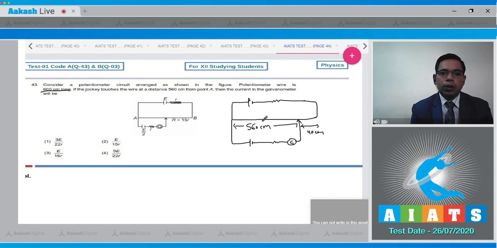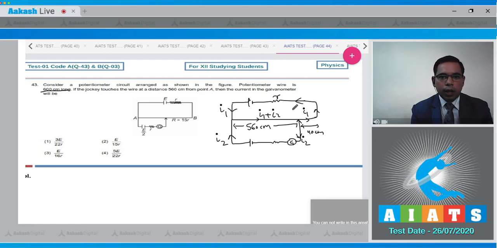Now let this flow some current I2 and this is driving some current I1. Then in this branch the total current will be I1 plus I2. Now this I2 is going here, then it will also return here. Let it be I2, and in this branch there will be some current I1, it will go again here.